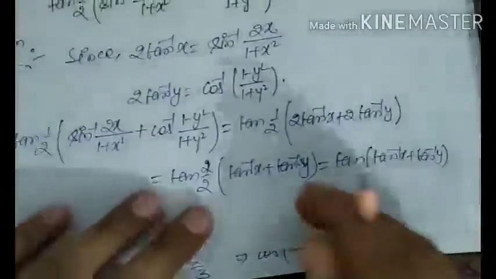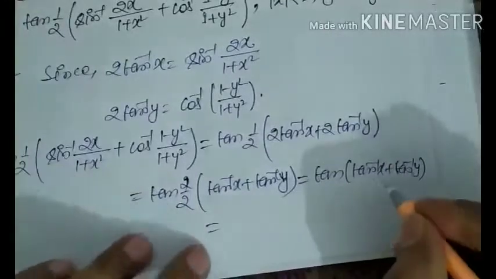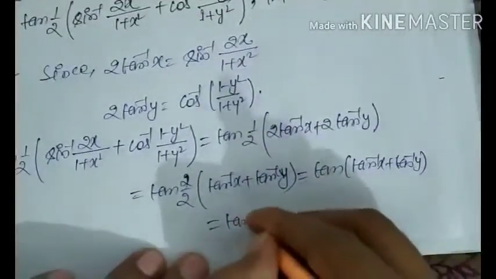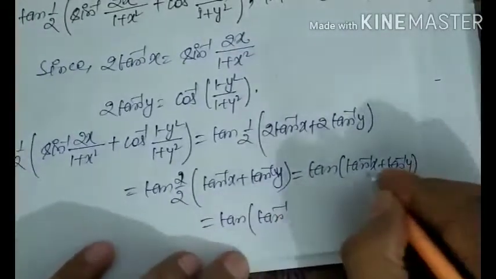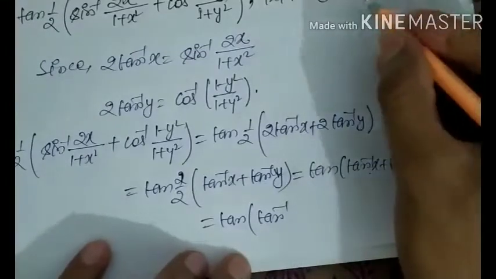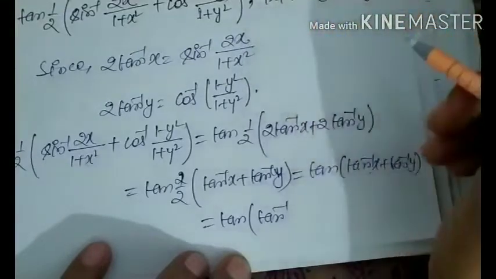Then this will be equal to, I'm going to use the formula of tan inverse x plus tan inverse y. Then this will be tan of tan inverse x plus y upon 1 minus xy. As we know, the product of xy is less than 1, and x is positive and y is also positive.